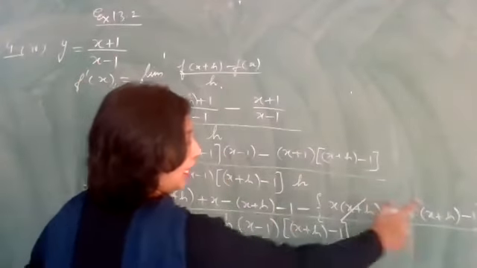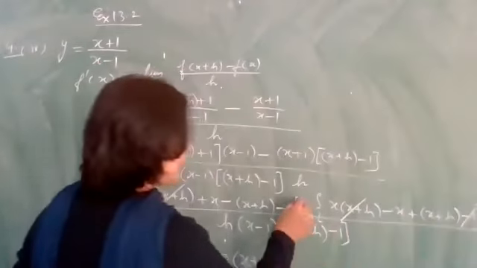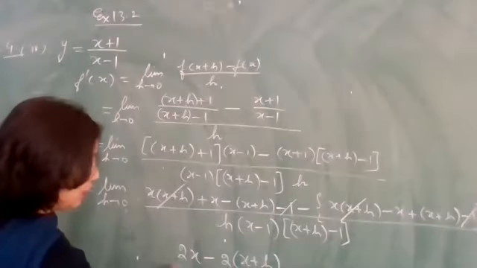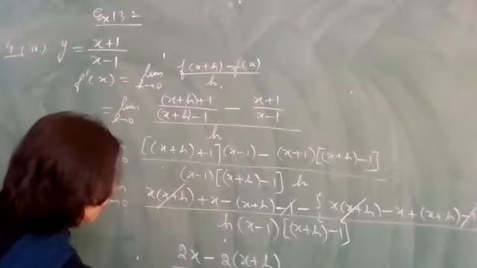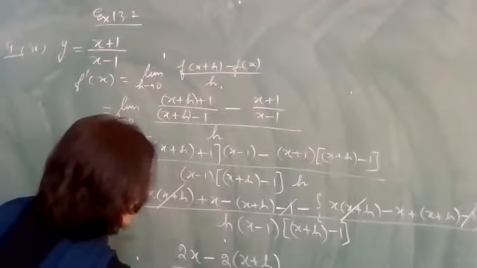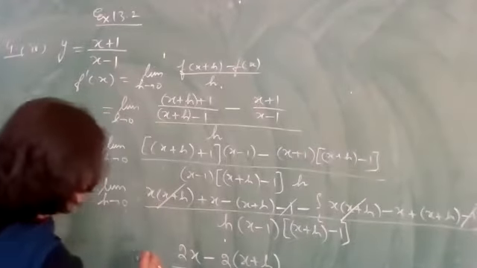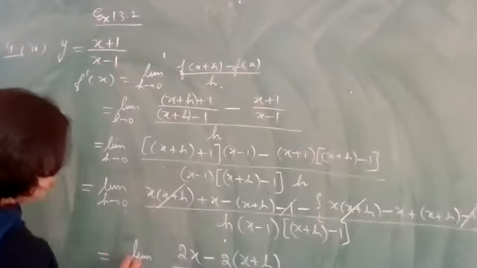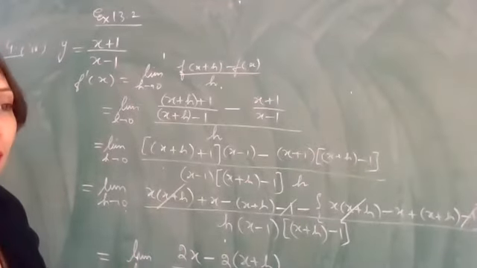Then minus 1 and plus 1. So this minus 1 and plus 1 will cancel. Divided by h, (x minus 1), (x plus h minus 1). Limit h tends to 0. Now we have to find out the complete derivative.